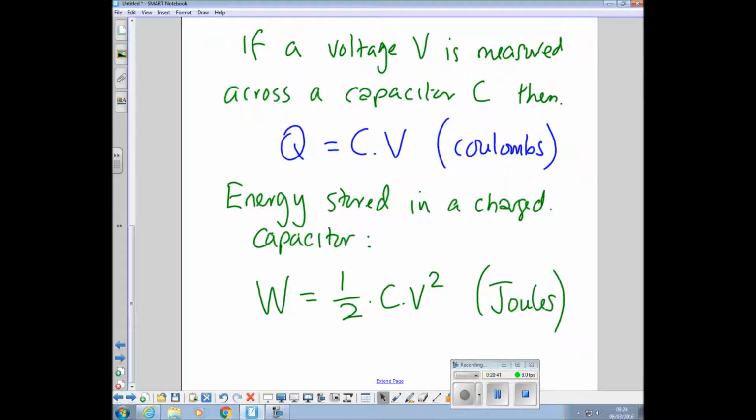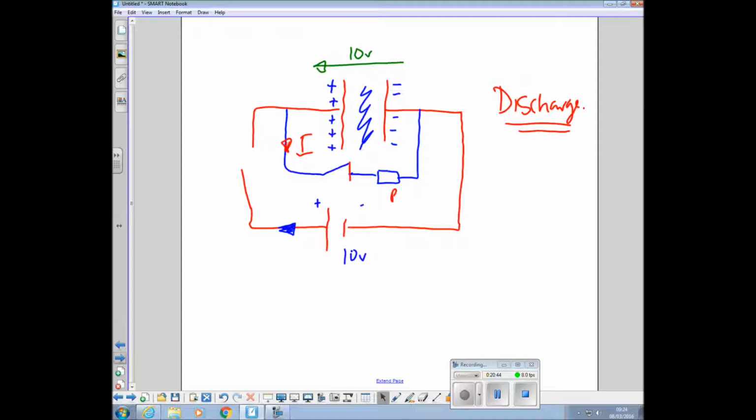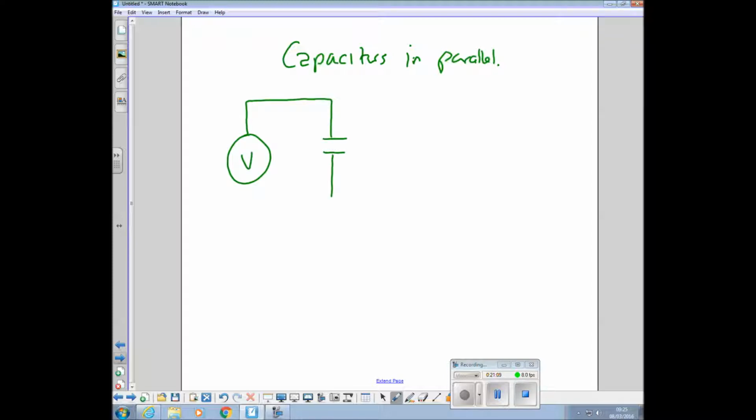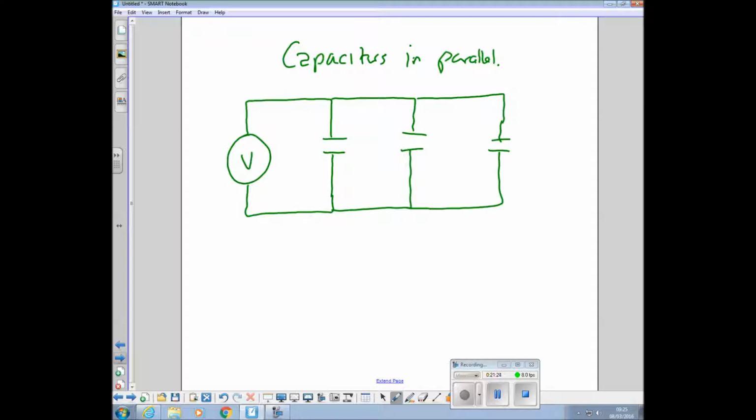So, moving on. Capacitors in parallel. So we've got three capacitors, C1, C2 and C3, all connected in parallel.